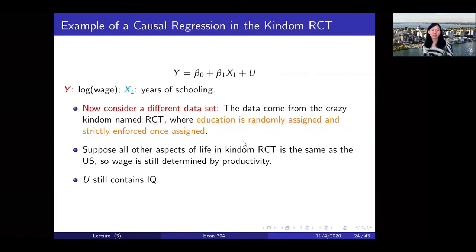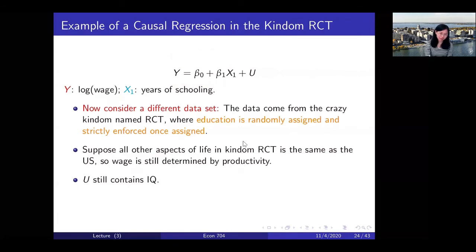The king randomly assigns an education level to every subject of the kingdom, and once the number is assigned, that person is forced to go through that many years of education. Suppose all other aspects of life in that kingdom are the same as in the United States. Wages are still determined by productivity, education still affects productivity, and IQ still affects productivity. So the causal equation is still the same.